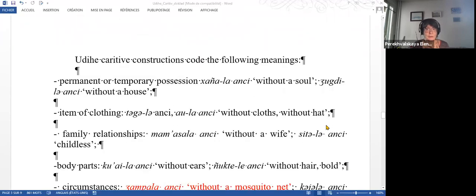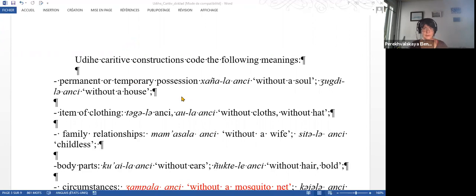So, the following meaning. Here we come to this idea of possession. Hanyalanchi, without a sound, even house, to my mind, should be classified as inalienable possession because it is something that really is a part of a person. Then, of course, items of clothing.